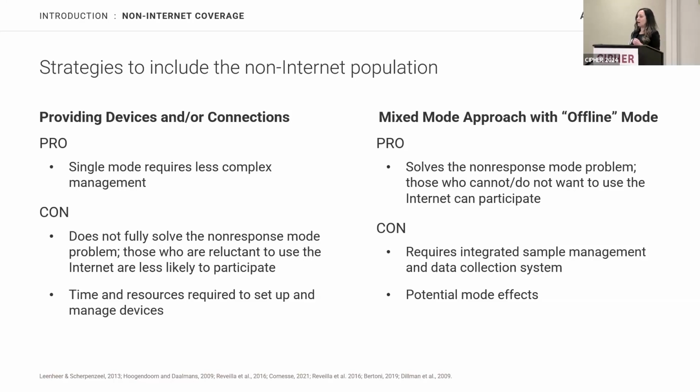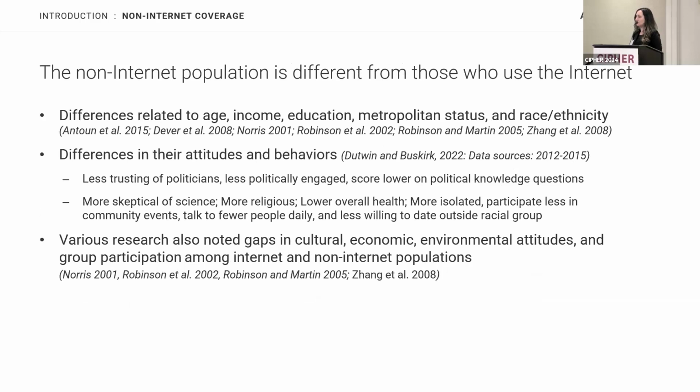Especially for those who are reluctant to use the internet, those are less likely to participate. Then you have the second approach, the mixed-mode approach with providing an offline mode. The advantage of this is that it solves the non-response mode problem, but you still have the potential mode effects, and it requires an integrated sample management and data collection system.